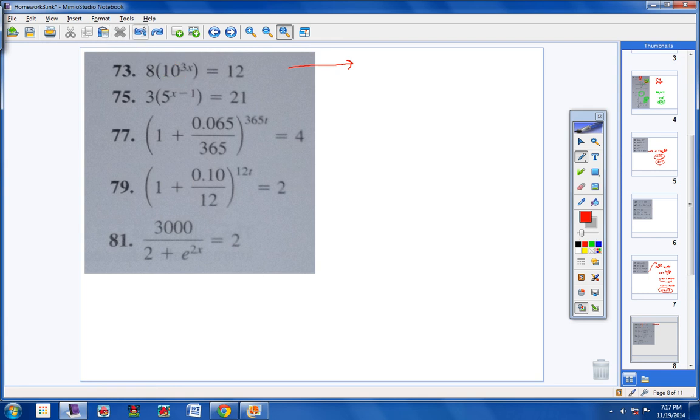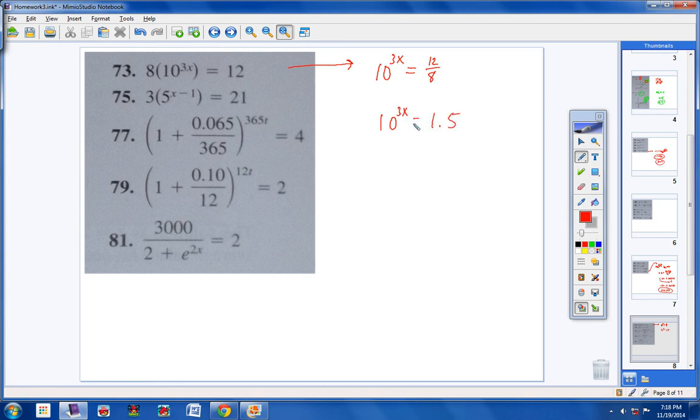So divide both sides by 8, and you'll have this. 10 to the 3x equals 12 divided by 8, which is 1.5. So 10 to the 3x equals 1.5.